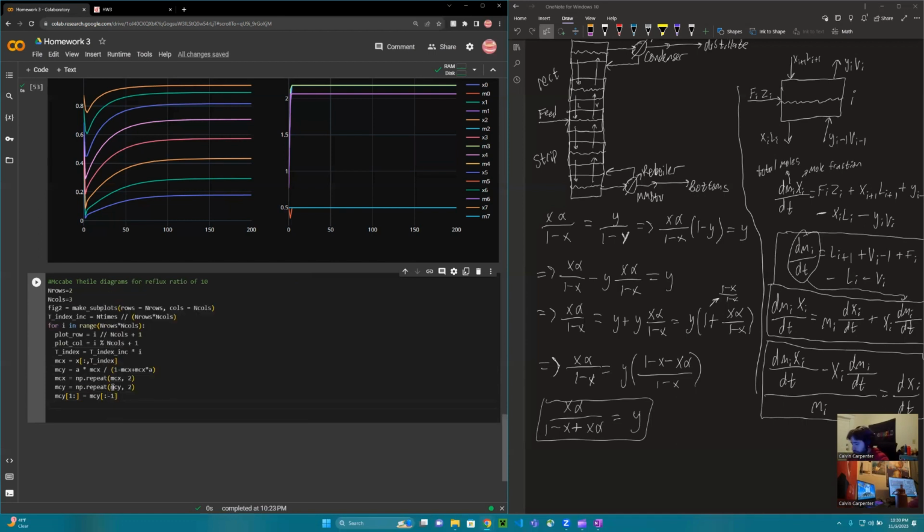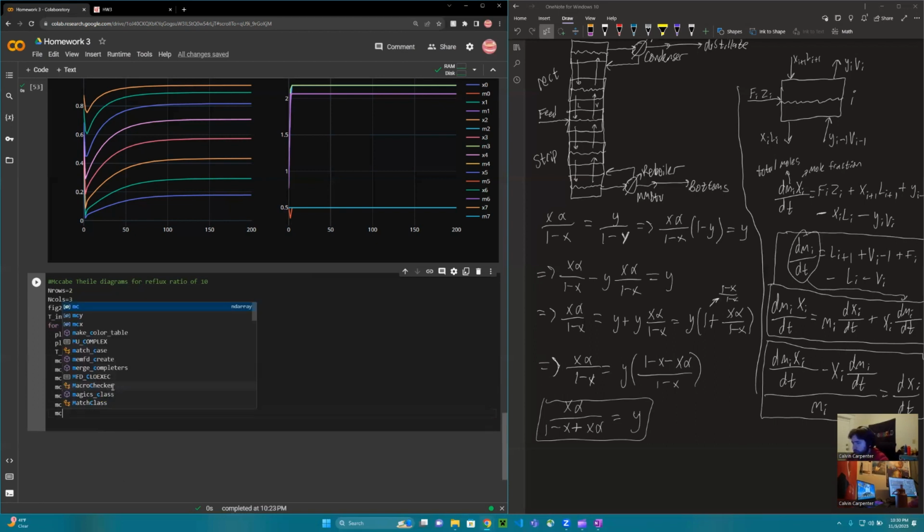Okay. MC is equal to np.c_ MCX, MCY, 0, 1 equal to C 0, 0.